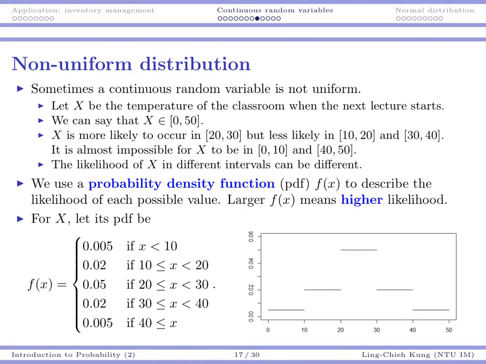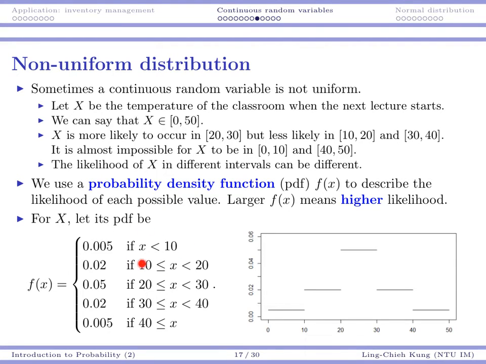The second situation is for x to be within 10 to 20 or within 30 to 40. Here the PDF is 0.02, and it's lower. That means x would be within 10 to 20 or 30 to 40 with a lower probability.